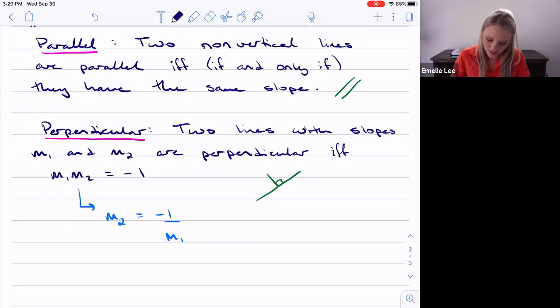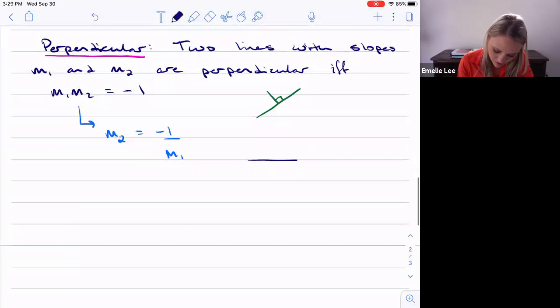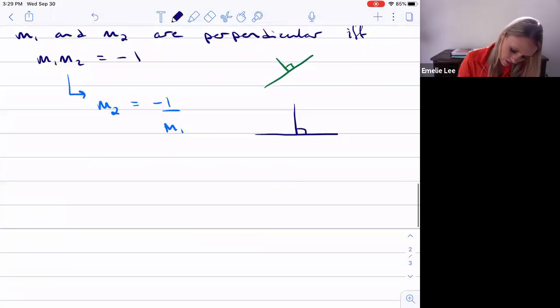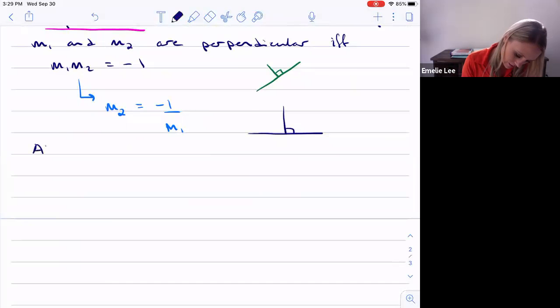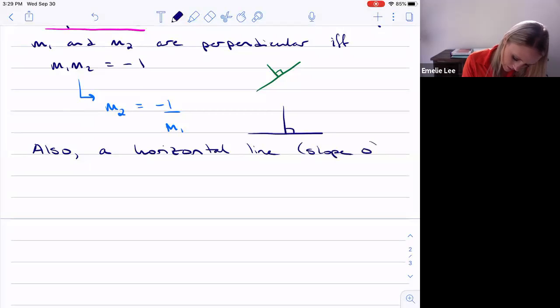We could also have a horizontal line be perpendicular with a vertical line, right? A horizontal line has slope 0.